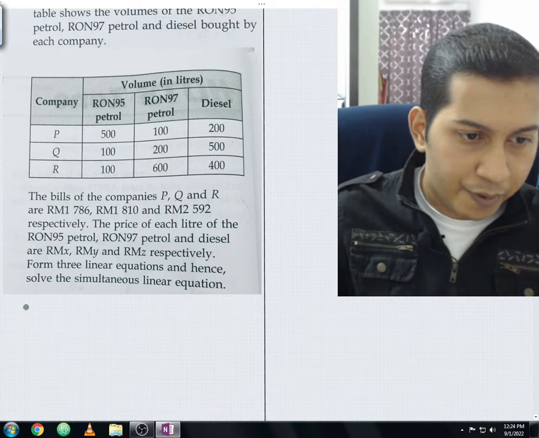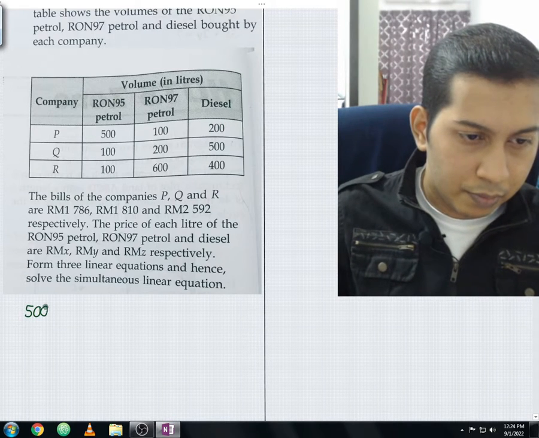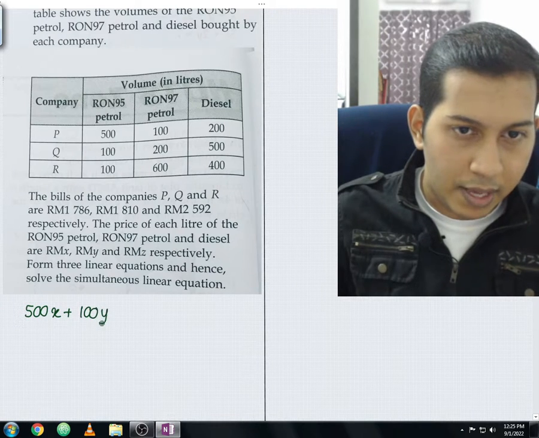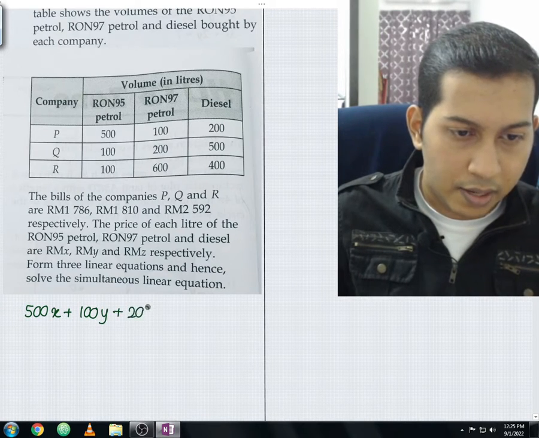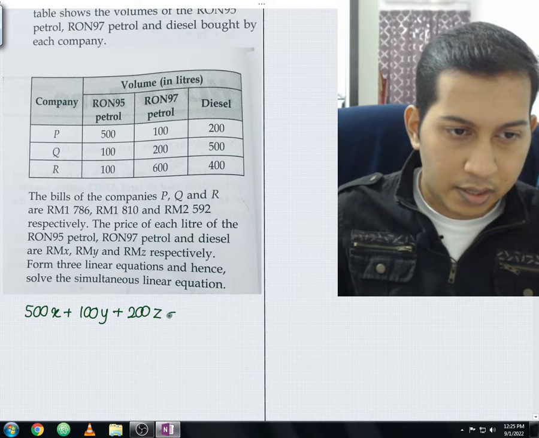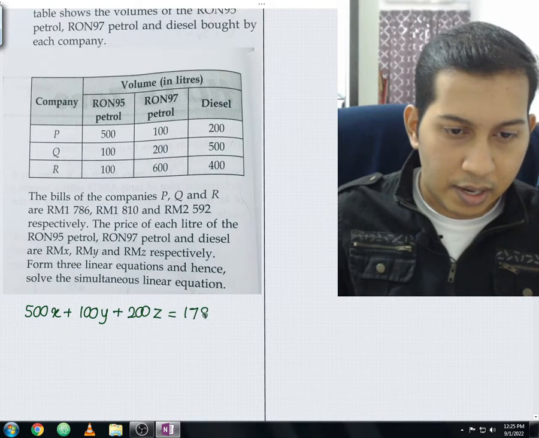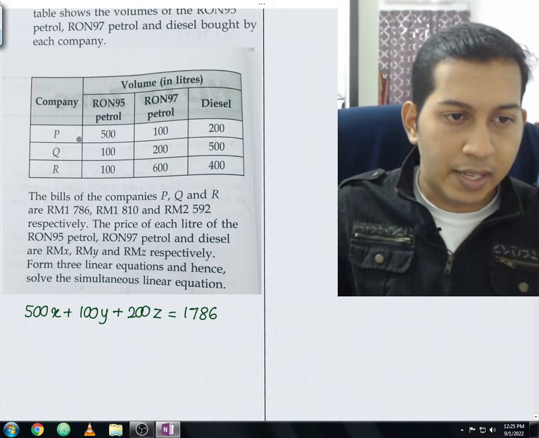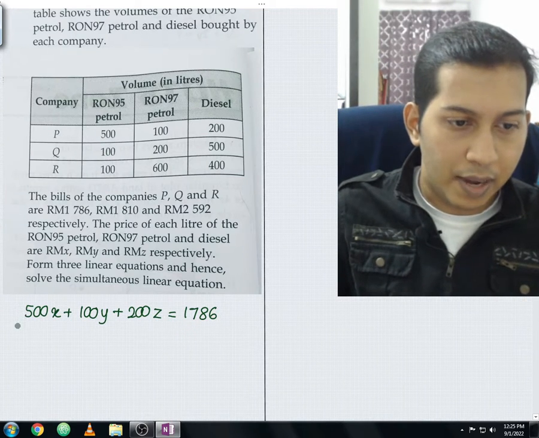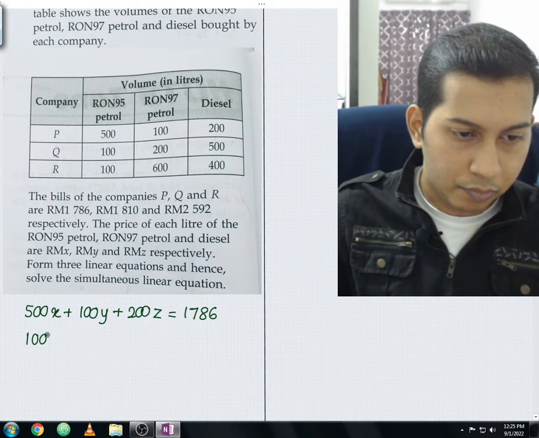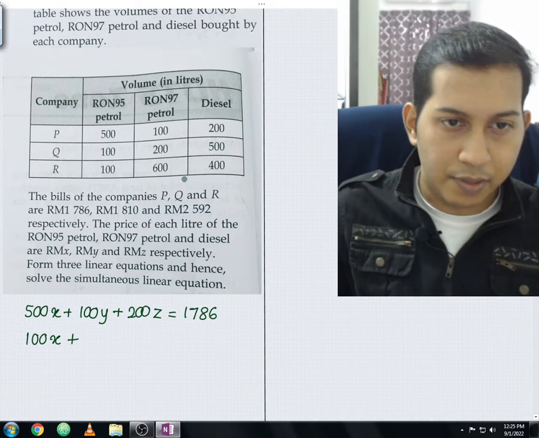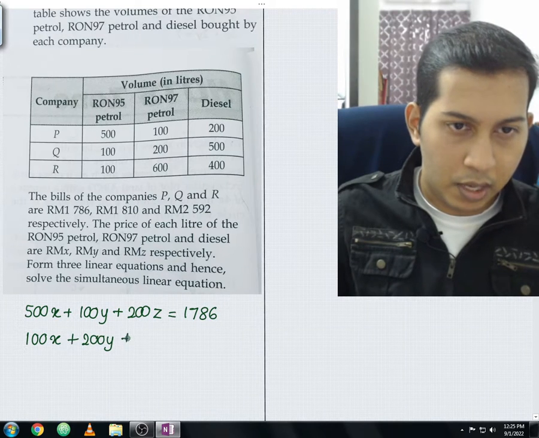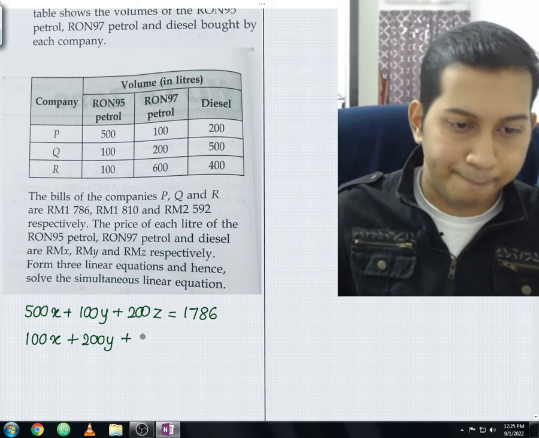So from here, 500X plus 100Y plus 200Z is equals to 1,786. Okay, so continue with the company Q. So you have 100X, and then plus with 200Y, and then you plus with 500Z.